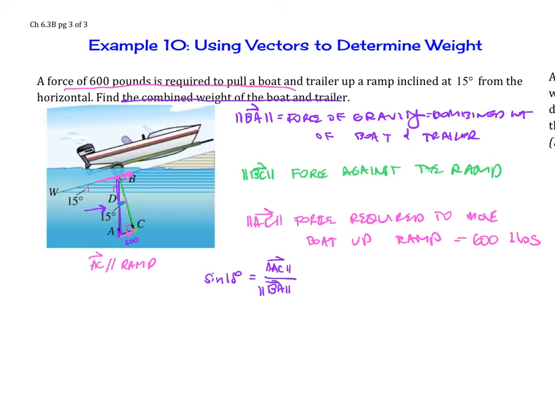We need to solve for BA, so we'll put BA over here. Then we have AC on top still, and the sine of 15 degrees. AC, we do know that is 600 pounds. And so we can solve. If you plug it in your calculator, you would get approximately 2,318 pounds.